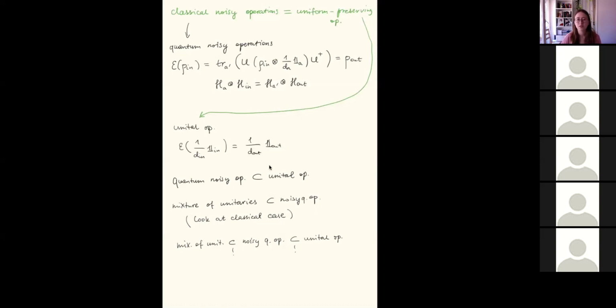Yeah, so these examples are quite involved. So I just left the references in the exercise sheet if someone is interested to see how one can prove that these inclusions are strict. Okay, so this was the part about noisy operations.